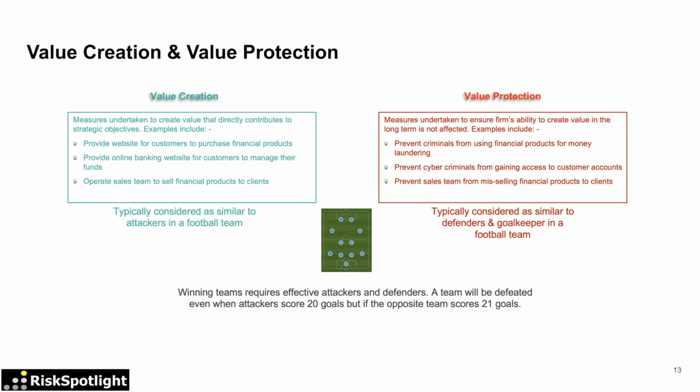If your attackers score 20 goals and you don't have a very good defense, and your opposition scores 21 goals, you still lose. So both value creation and value protection go hand in hand. They are intertwined. You can't say, I will only focus on value creation. But because this language is not used, there is no way for us to do that communication with the first line team.